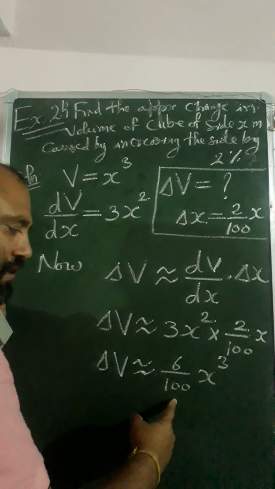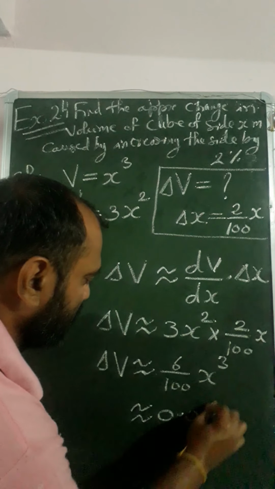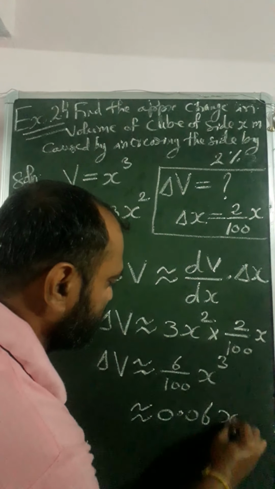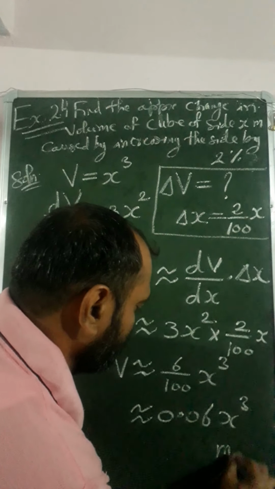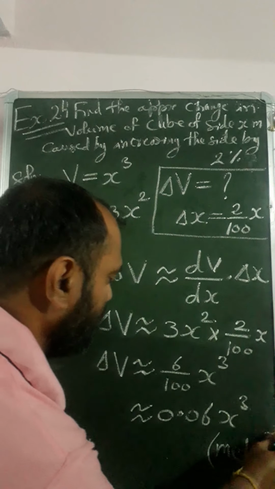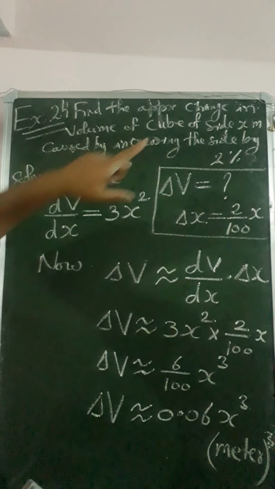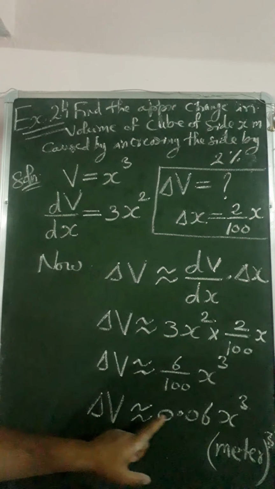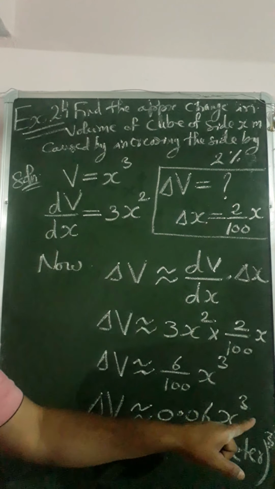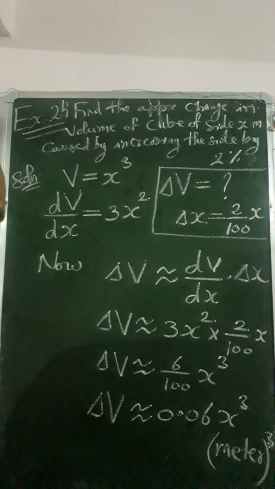So this is the approximate change, that is 0.06 x cube meter cube, right? So this is the right answer: the approximate change in volume is 0.06 x cube, that is, the volume is increased by 6%. So this is the right answer.